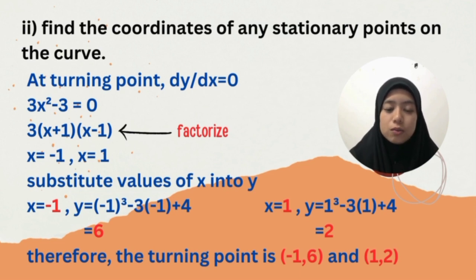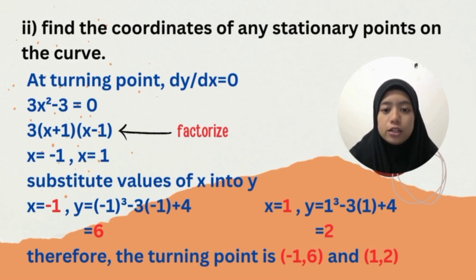So the first x, which is negative 1, if we substitute into y, it will be negative 1 to the power of 3 minus 3 multiplied by negative 1 plus 4, and the answer is 6. Then we move on to the second x, which is 1.